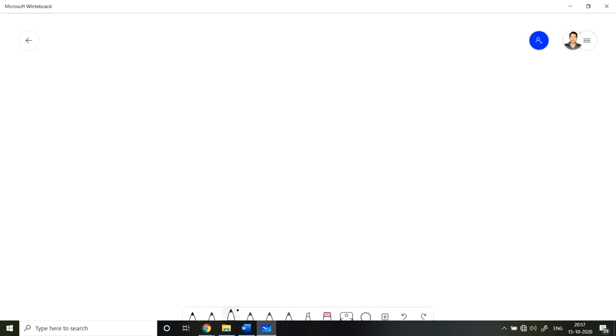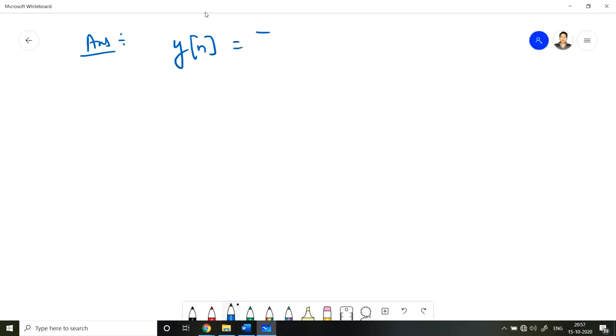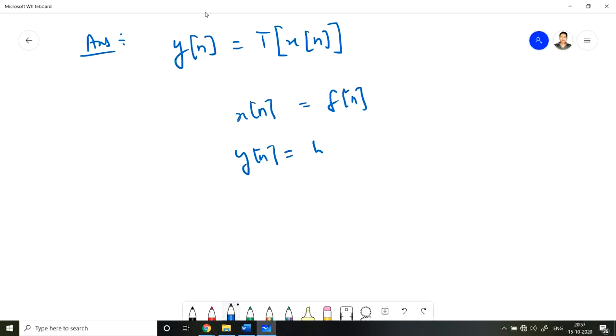So the solution for this problem is: the yn is nothing but this. If we put the input xn inside the system operator, and xn is equal to del n, then yn is nothing but the impulse response.